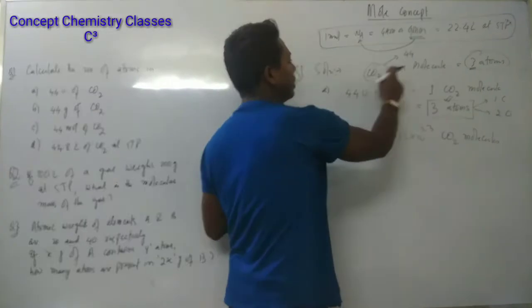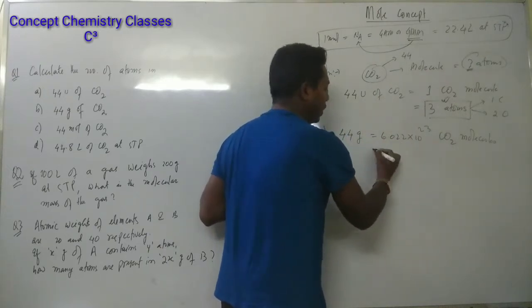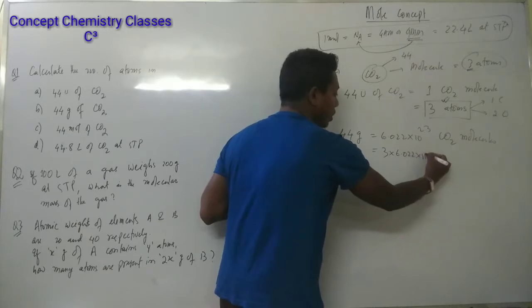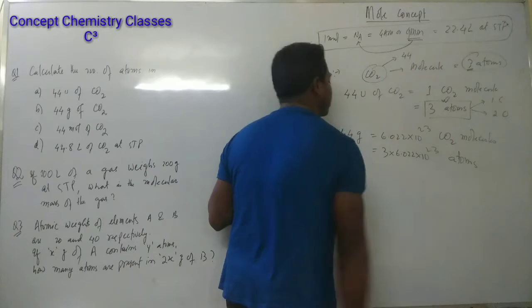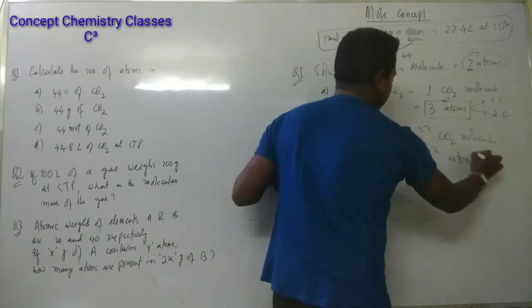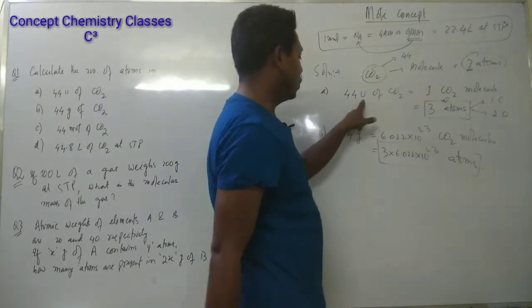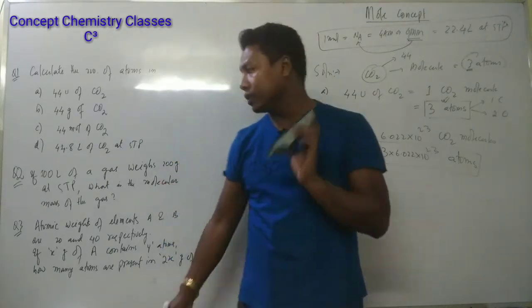Since 1 molecule contains 3 atoms, 44 gram of carbon dioxide will contain 3 × 6.022 × 10^23 atoms. This is the answer of the second question. This is the difference between u and g. Now let's go to the third question.